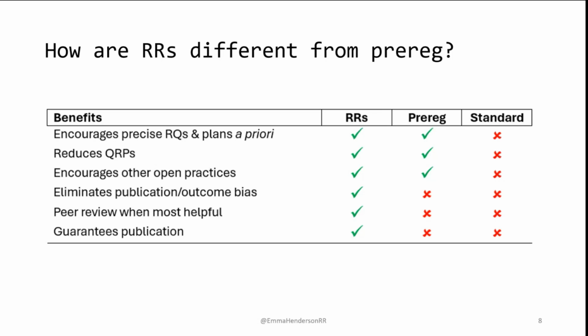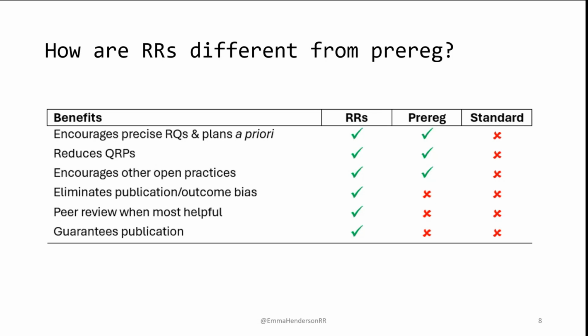You can't now go back and change them, so you can't engage in HARKing that Saji was talking about. And with registered reports, you also don't have the incentives to do these things because you know that the study is going to be published regardless of the outcome. So there's no reason to try and change the results to be something publishable.